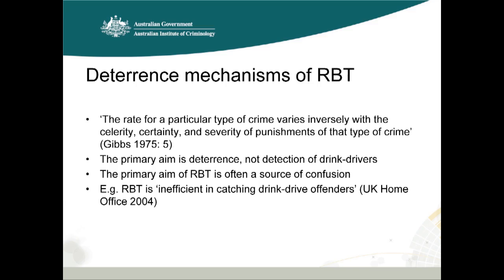In the UK, for example, the Home Office stated that they would not support the implementation of RBT because it's inefficient in catching drink drive offenders. That particular comment would probably drive Ross Homel just a little bit crazy. So the confusion about the role of RBT as a deterrence measure rather than a detection measure exists even today.